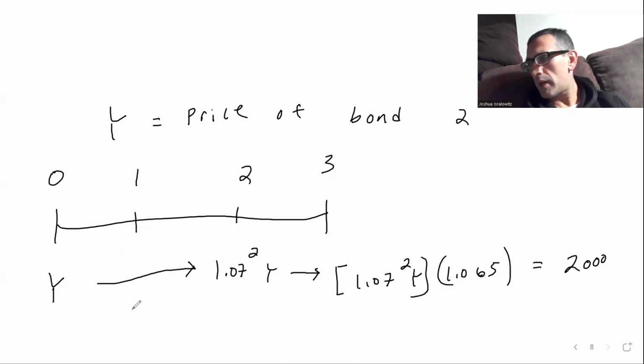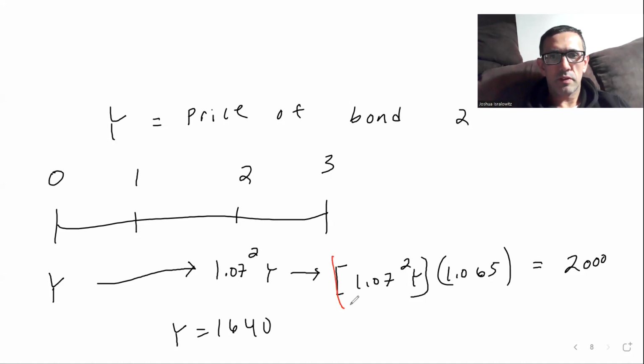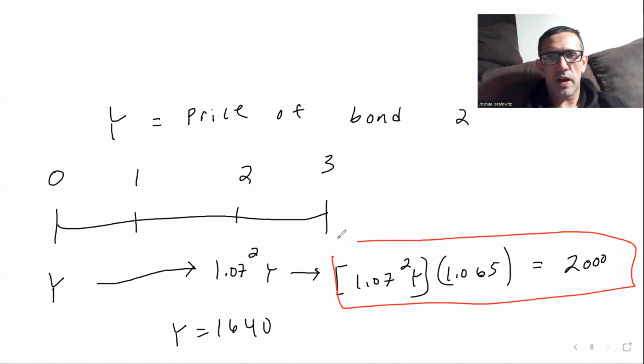So we get Y is $1,640.26. So just divide by 1.07 squared times 1.065. You get Y is 2,000 over 1.07 squared times 1.065.